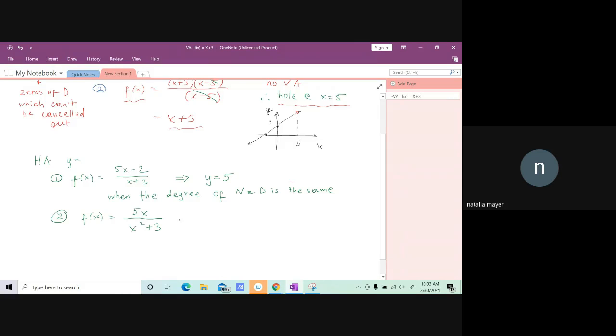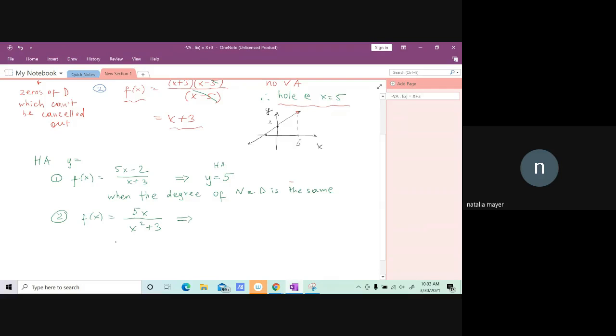Who remembers? What can you say about the degree of the numerator versus the degree of the denominator? It's less. So when the degree of the numerator is less than the degree of the denominator, there is another pattern.